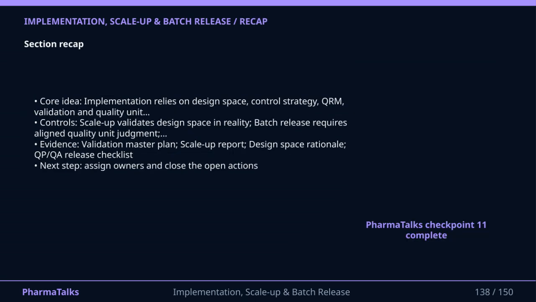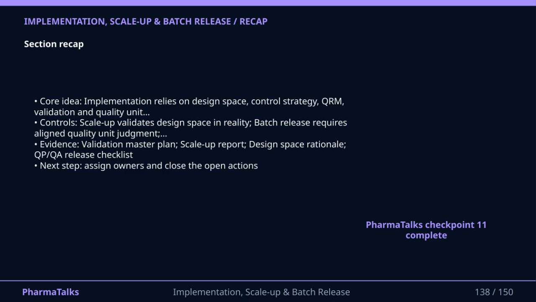Let's recap the key points from the implementation, scale-up, and batch release phase. The core idea here is that successful implementation depends heavily on the design space, control strategy, quality risk management, thorough validation, and the involvement of the quality unit. When it comes to controls, scale-up activities serve to validate the design space in real-world conditions, ensuring everything works as planned.